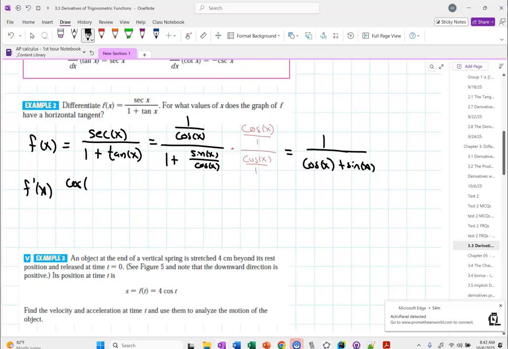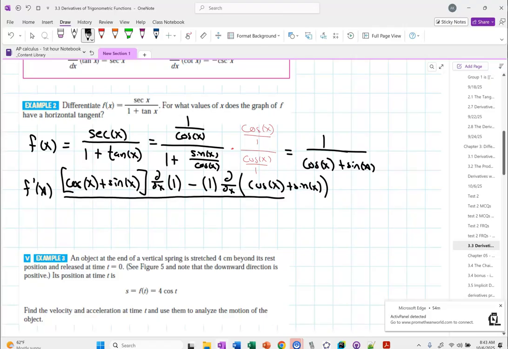So we're going to have the denominator times the derivative of the numerator, and then minus the numerator times the derivative of the denominator, all over the denominator squared. So does that whole first term become 0? Yes, it does. Gone.